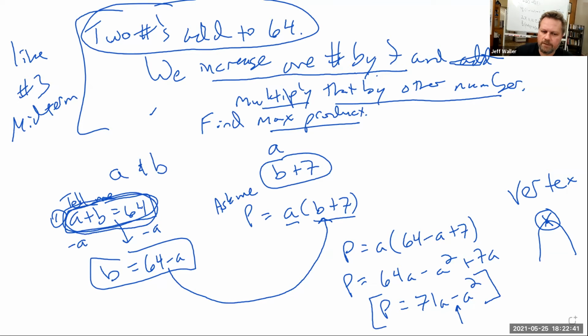No, we don't. Okay, so if I want to know the vertex of a parabola, the x piece is negative b over 2a. Does anyone remember that?